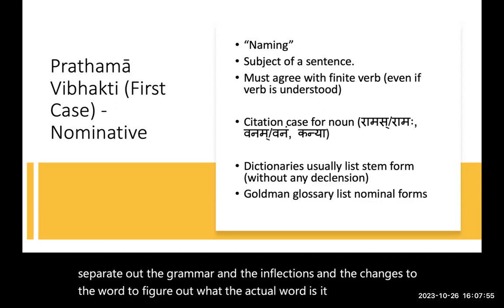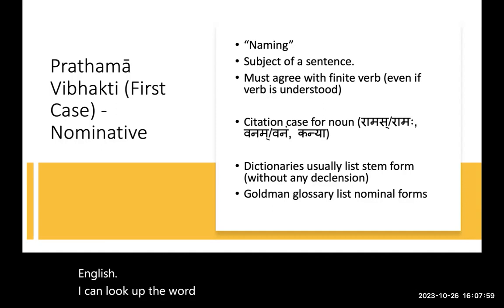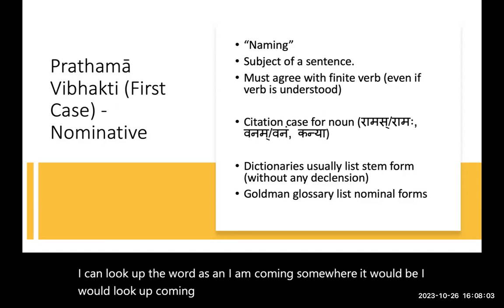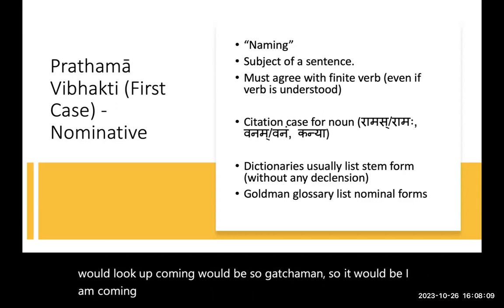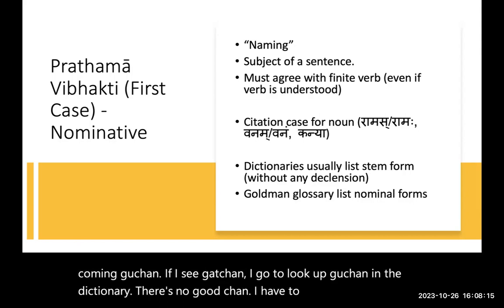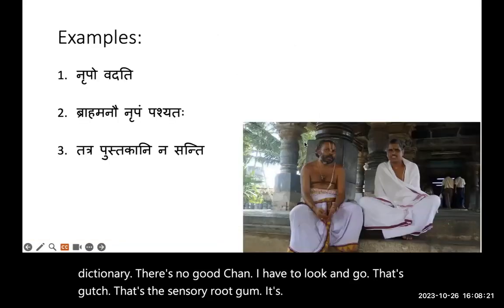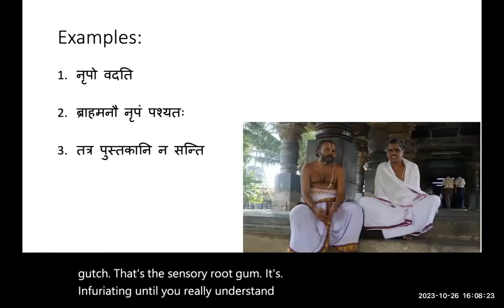It's not like in English. If I see gachan, I go to look up gachan in the dictionary, and there's no gachan. I have to go, oh, that's from the Sanskrit root gam. It's infuriating until you really understand, and then it becomes a little easier.